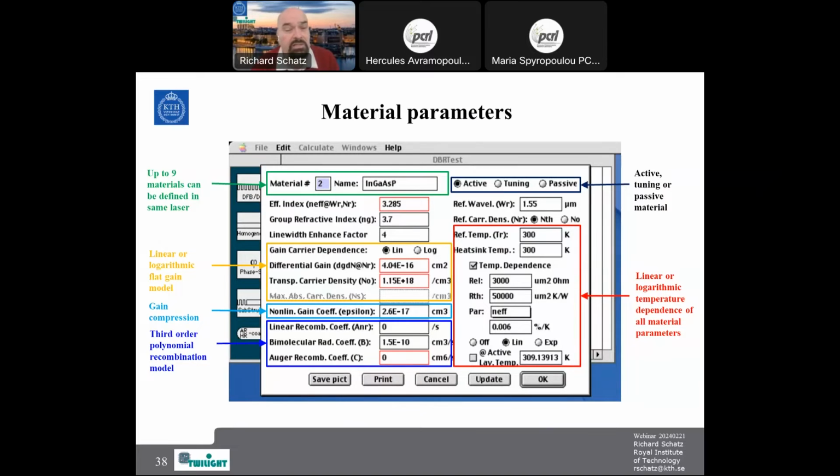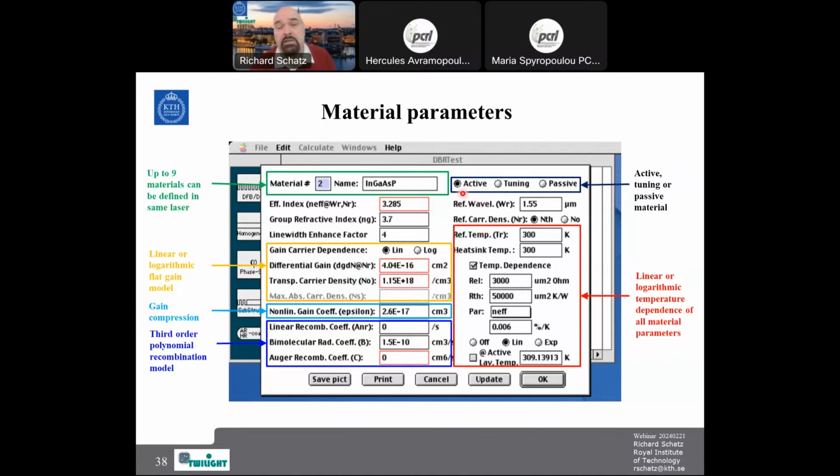Logarithmic gain is for quantum wells, where you put in the differential gain and transparency carrier density, and also max absorption carrier density if you have a logarithmic dependence. Then you have the gain compression, where you put in epsilon, the nonlinear gain coefficient, and then the recombination parameters, both linear, bimolecular, and or Auger recombination.